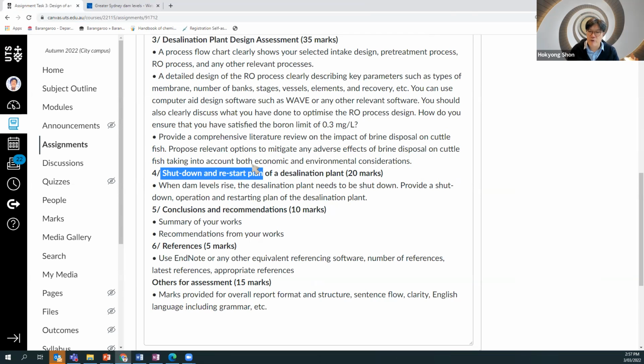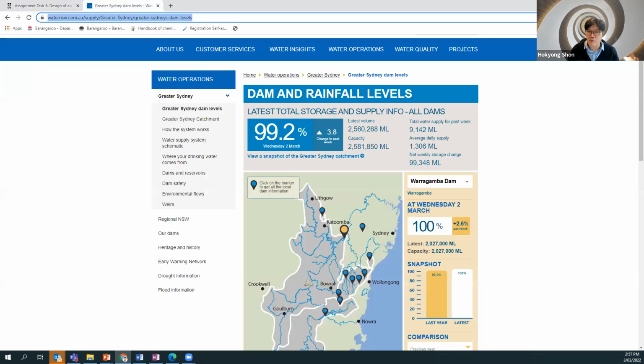Around 50%, if you have less than 50% of dam level from all the Sydney area, you will start operating your desalination plant at full capacity. So we have scenarios depending on our dam level, how much we have in the dams, and then the seawater desalination plant, located here, will operate to supply our fresh water.